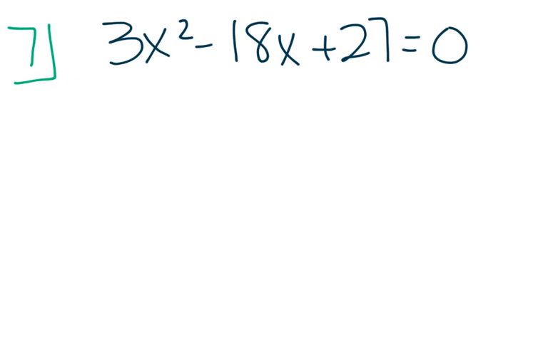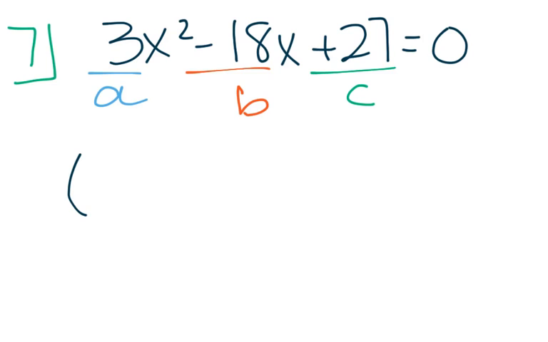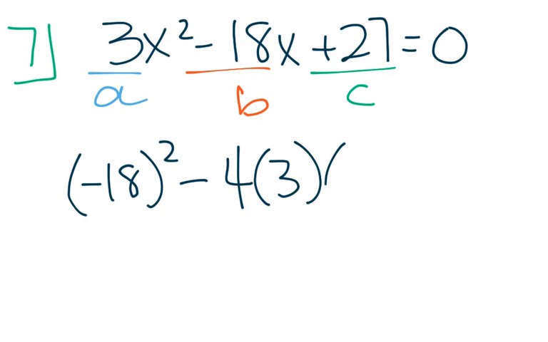Now we have 3x squared minus 18x plus 27. We're going to use b squared, which is negative 18 squared, minus 4 times a, which is 3, times c, which is 27.